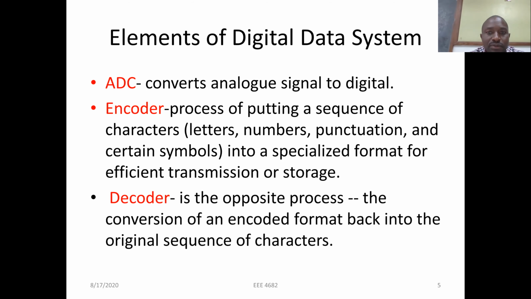And the decoder will basically remove these sequences of characters, numbers, and punctuation. It is basically the opposite of an encoder process. It's a process of conversion of an encoded format back into the original sequence of characters.